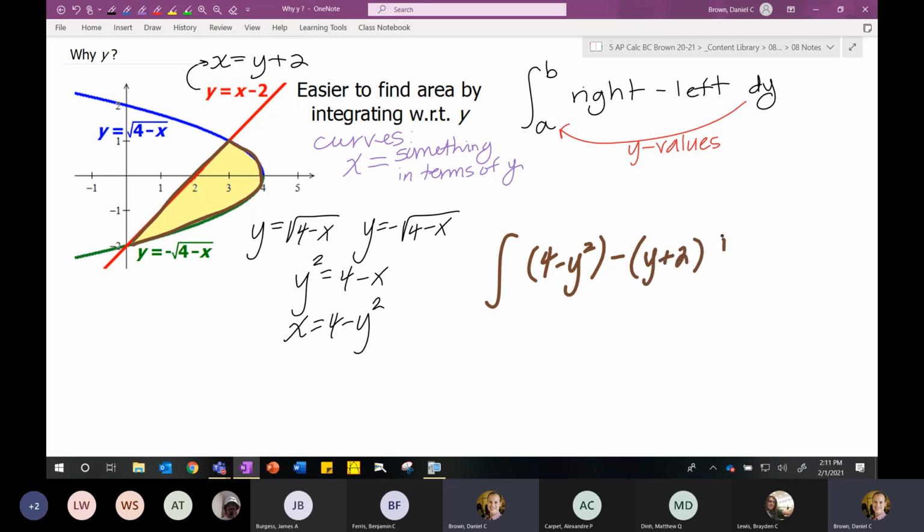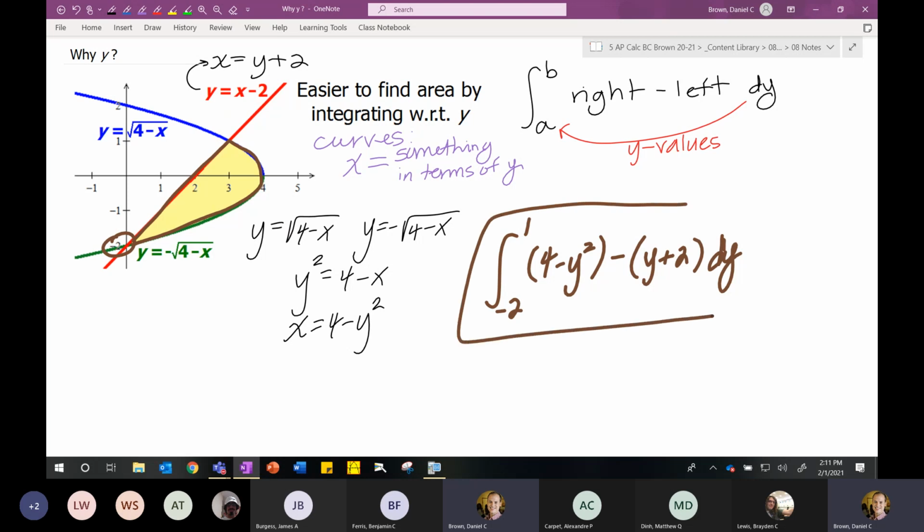We are in terms of dy, so what goes on our integral sign is going to have to be y values. So when I think about where this region is starting, at the bottom, to where this region is ending, again, you want to make sure you use y values instead of x values. This is starting at -2, and it is ending at the y value of 1.